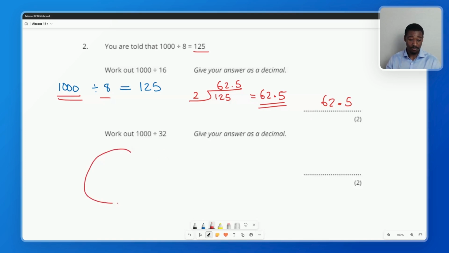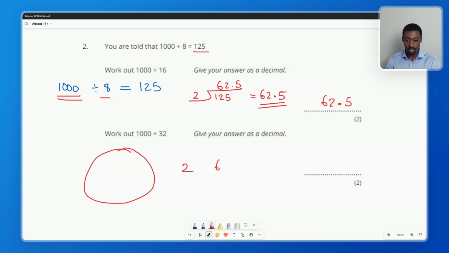Now, if we have that same pizza, you're not going to get much food anymore because we're cutting up into, again, twice as many sections, twice as many pieces. So if 1,000 divided by 16 gives us 62.5, then 1,000 divided by 32 will be half of 62.5.